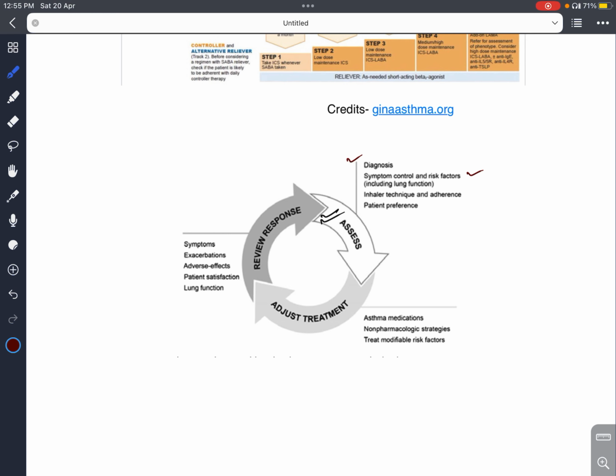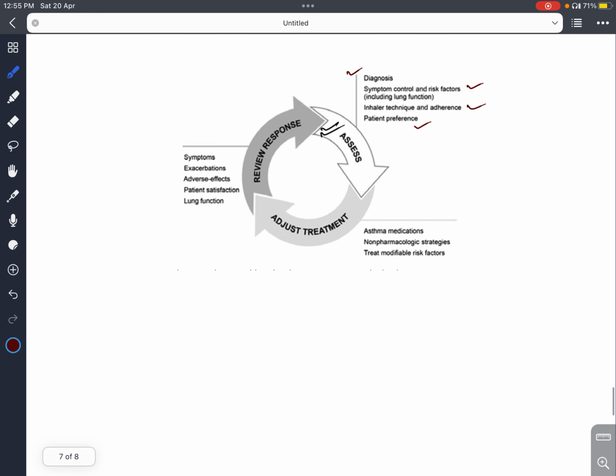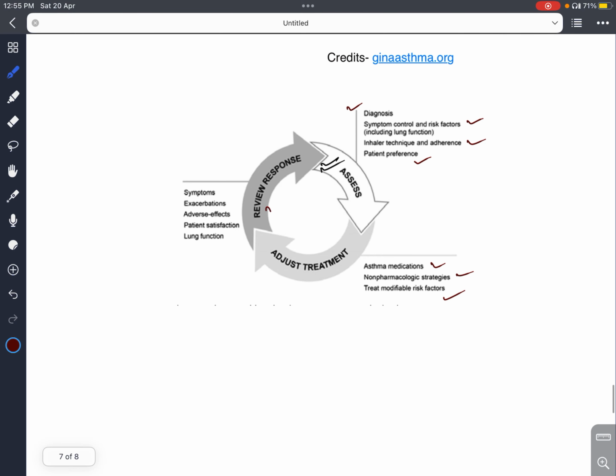You have to check the inhaler technique, adherence, and the patient's preference. Then you have to go with the adjustment. Here, you need to provide the asthma medications, non-pharmacological strategies, and treat modifiable risk factors. And in the case of review, you need to review the symptoms, check for exacerbations, check for adverse effects, the satisfaction of the patient, and the lung function test also.